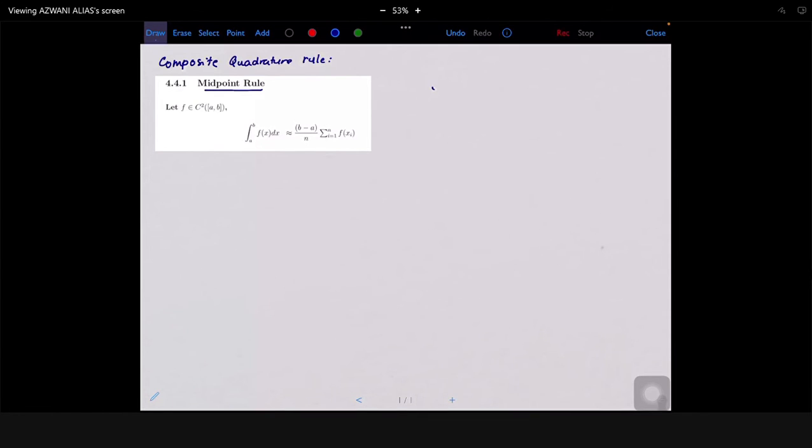Okay, kita ingat kan midpoint rule contohnya diberi satu function. Function ni start dengan A, end dengan B. So in between A and B ni dia perlu cari midpoint, which is, let's say here is the midpoint.